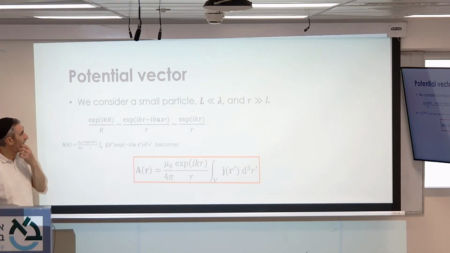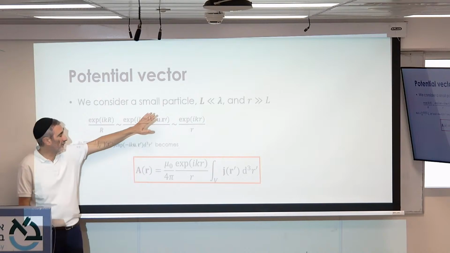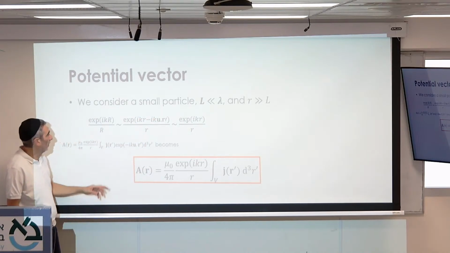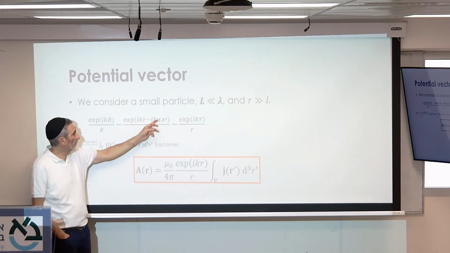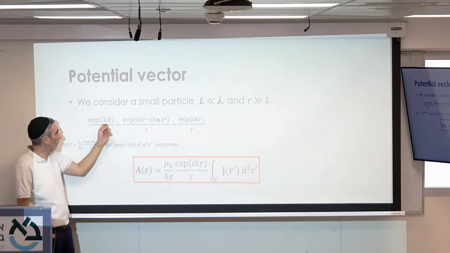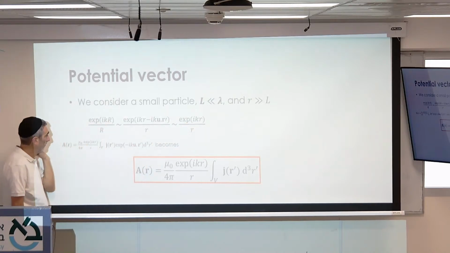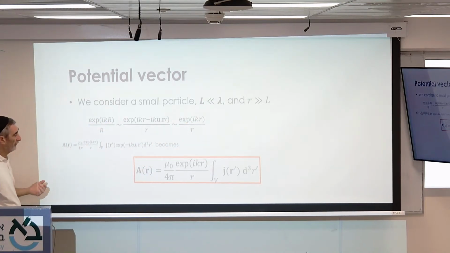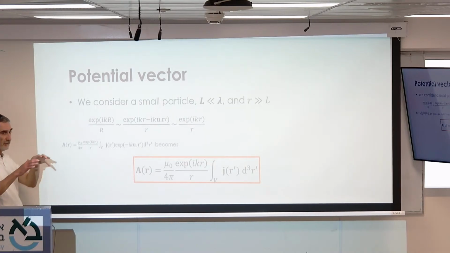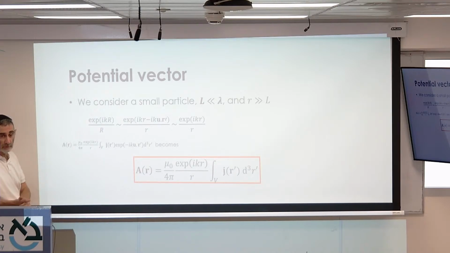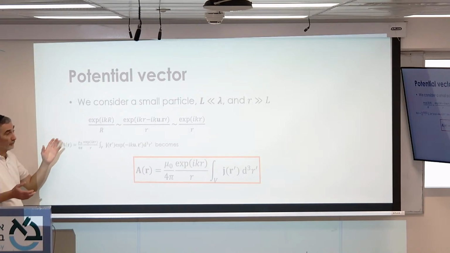If you take this assumption, then instead of taking this second order here, you can just ignore it and replace exponential ikR over R, big R, by the small r, and that simplifies.